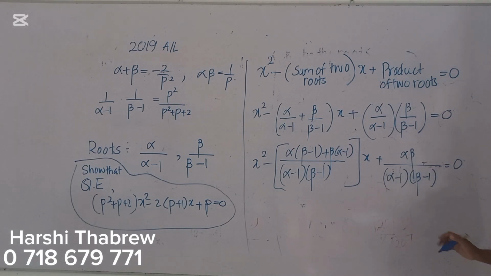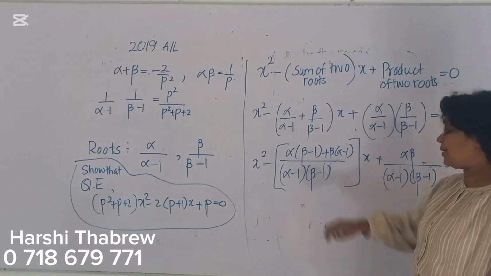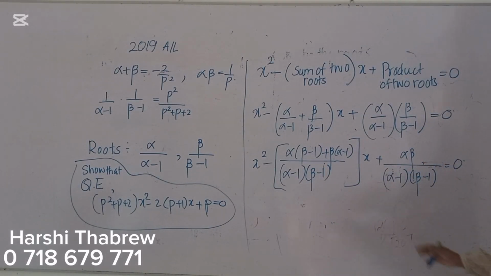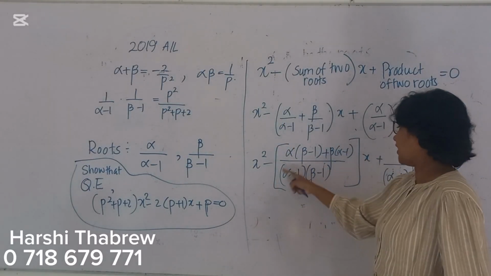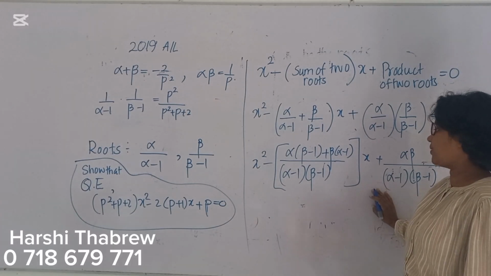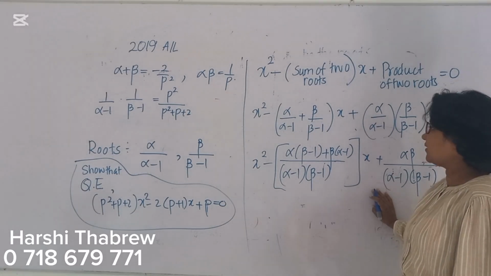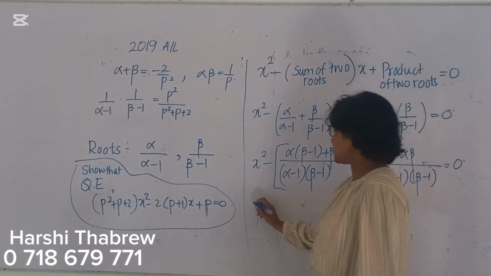Now I didn't simplify it because we know the answer for that part, right? This is 1 over alpha minus 1 times beta minus 1, so we can directly do the substitution. This is x squared.